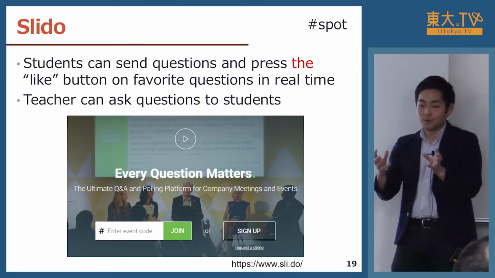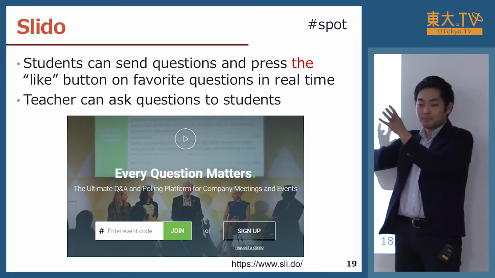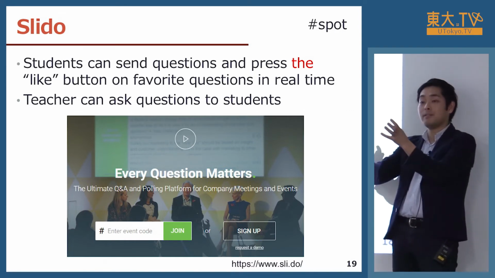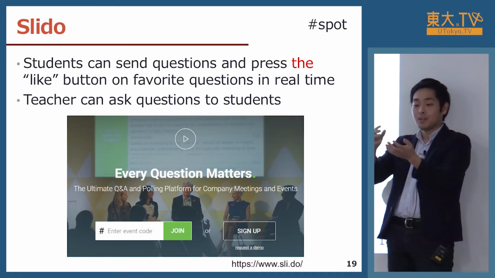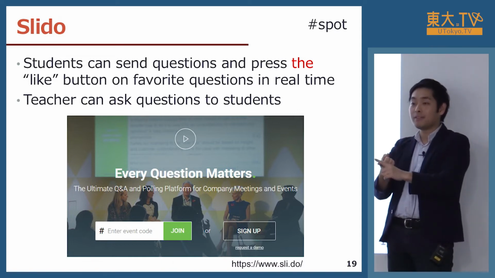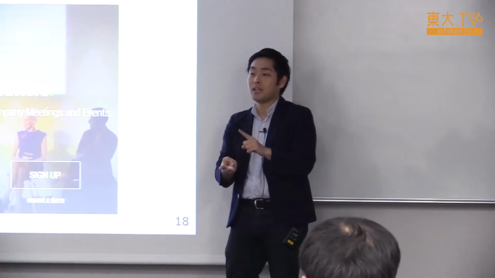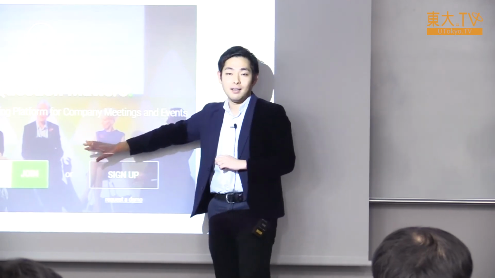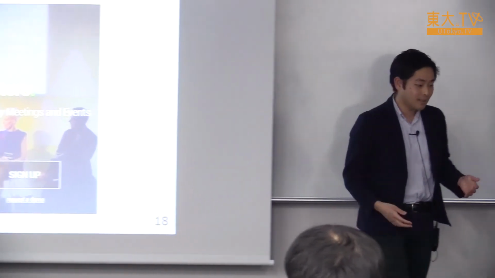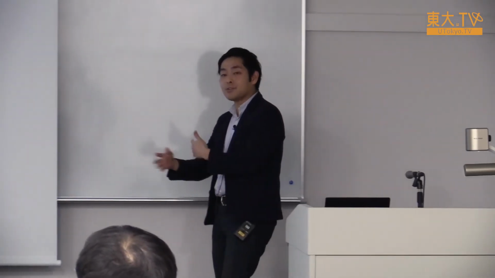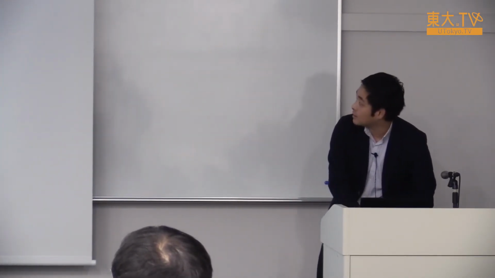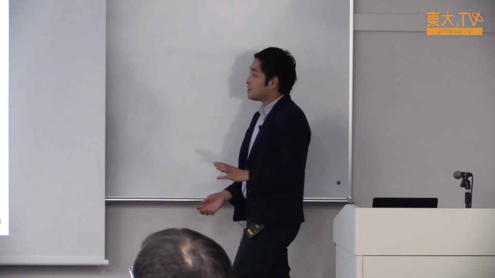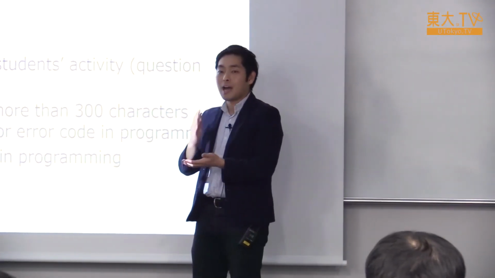If faculty members introduce a flipped classroom, they have to create movies, and also design all the active learning activities in the class. So it takes a lot of cost. However, introducing Slido is really easy. So we decided that Slido can change the interaction between students and faculty members.